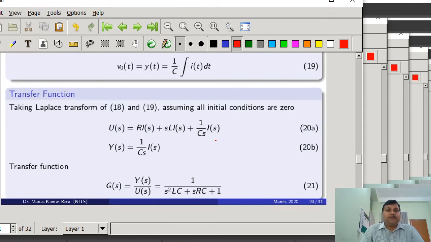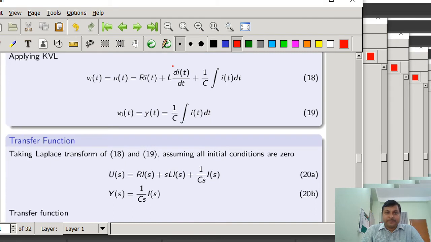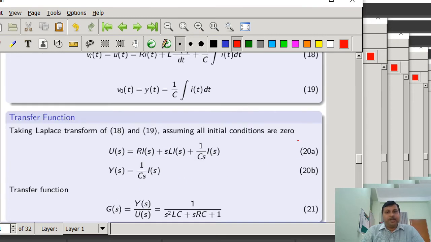If we want to find the transfer function for this system, we simply take the Laplace transform of equation 18, assuming all initial conditions are 0, and also of equation 19, and we find that 20a and 20b are the Laplace transforms of equations 18 and 19.